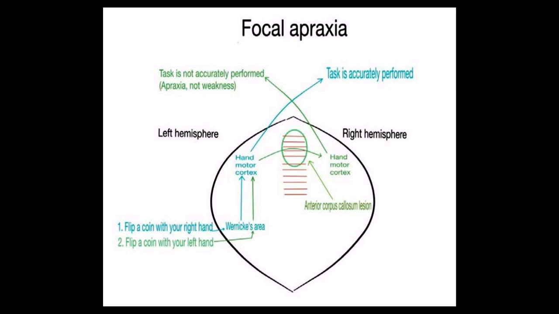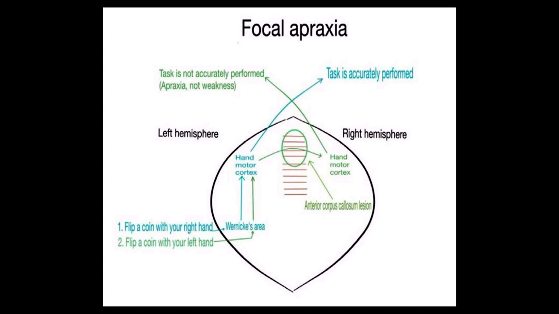But to move your right hand, that's going to be motor cortex in the left hemisphere, right? So we need to get that command from Wernicke's area up to motor cortex, which is going to be up in this area. Then we access the appropriate motor program for coin flipping. So here it is, left motor cortex, corticospinal tract, then we'll move your right hand and you can flip a coin normally.